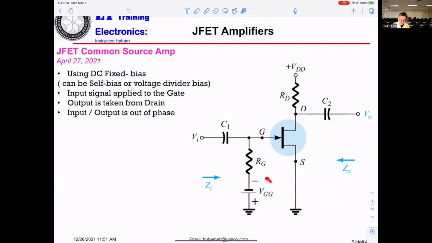And we know we get a negative voltage here, so we know it will be a fixed bias. Okay? And basically you are supposed to know the minimum calculation for the DC bias.